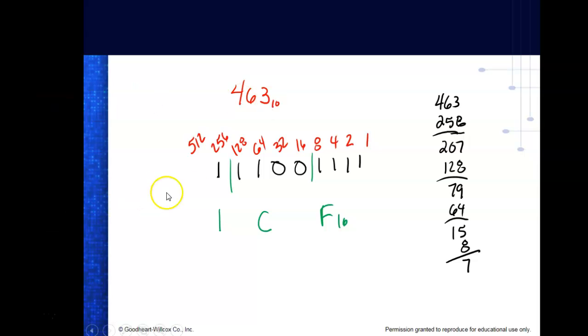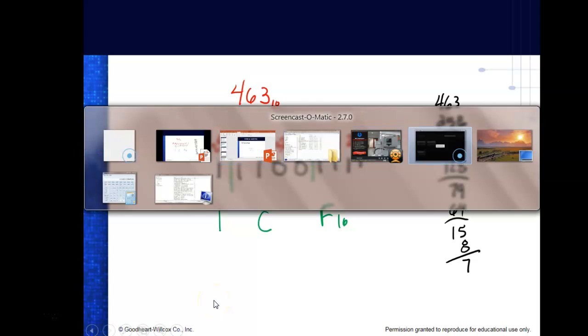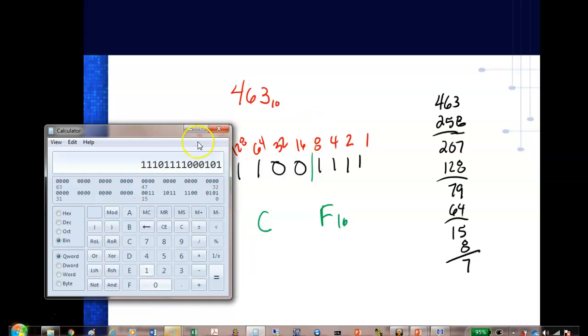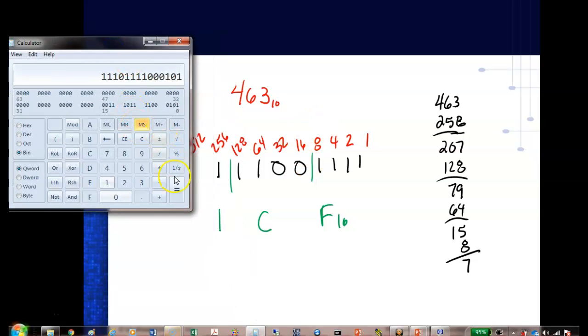So is that right? I'm going to use my calculator to double check that, because we did have some problems. Let's clear. There it is. So put it in hex: 1CF.